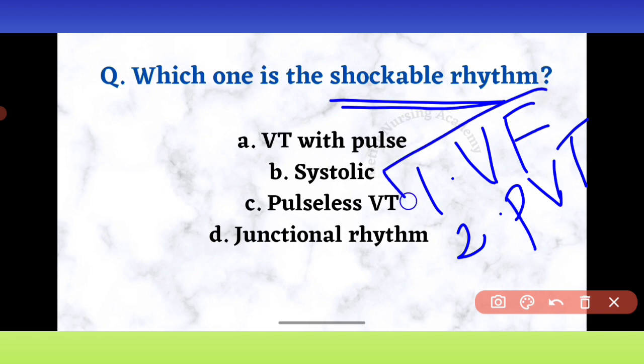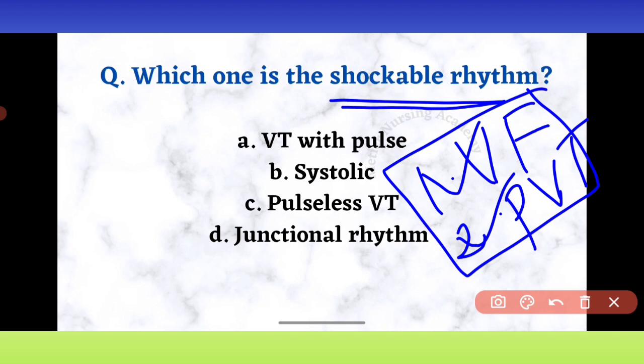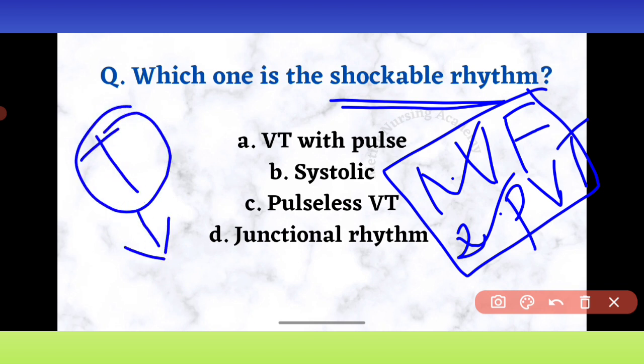Why in these 2 rhythms are we giving the shock? Because in ventricular fibrillation as well as in pulseless ventricular tachycardia, there is no time for refilling of the blood in the ventricles. Why?